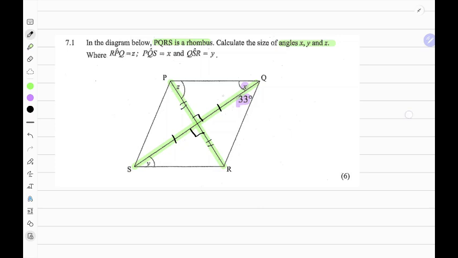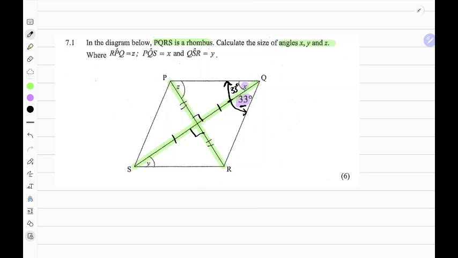The other property is that the diagonals bisect the angles equally. So if this is the full composite angle, the diagonals split the composite angle equally. If this is 33, it means the size of X should also be 33.